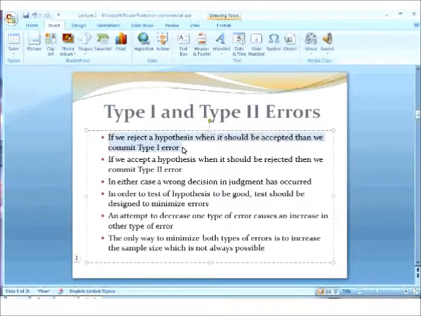So it's either or. If we reject a hypothesis when it should be accepted, we are committing type 1 error. If we accept a hypothesis when it should be rejected, then there are chances that we might be committing type 2 error. In either case, a wrong decision in judgment has occurred.